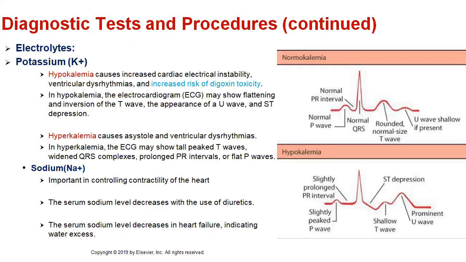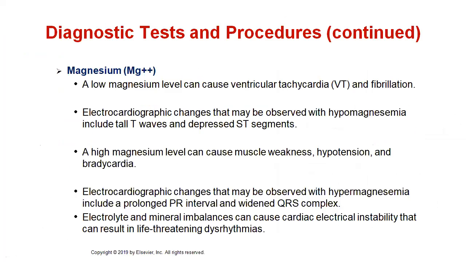So if I go back to this graph, the QRS complex should be widened and the PR interval should be prolonged, right? On the other hand, if the magnesium level goes down, it is called hypomagnesemia.